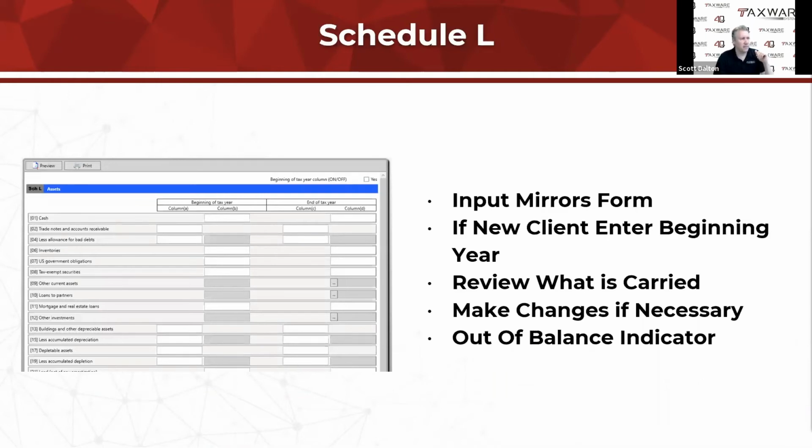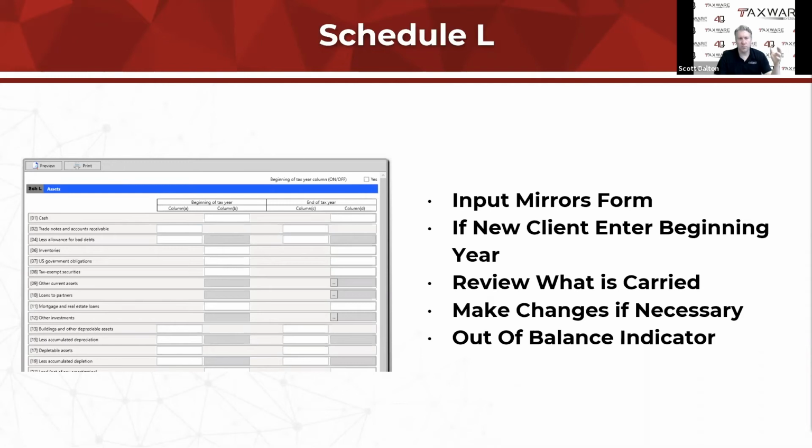So the Schedule L pretty much mirrors the form if you look at a Schedule L. We default the value to leave the beginning year column off, assuming that this was prior year recalled data. If this is a new client, then you would need to turn on this beginning year checkbox, or just use your mouse and key in the applicable values.